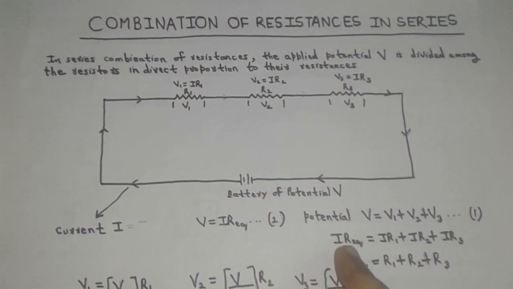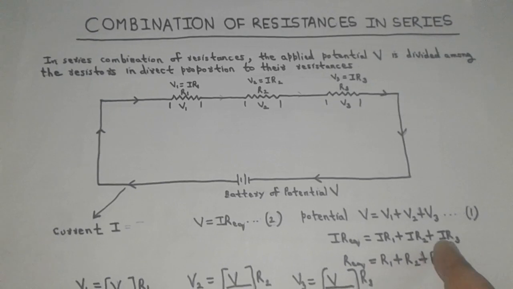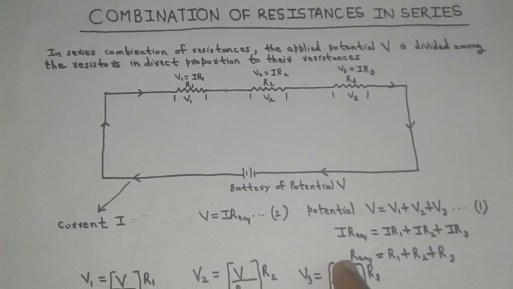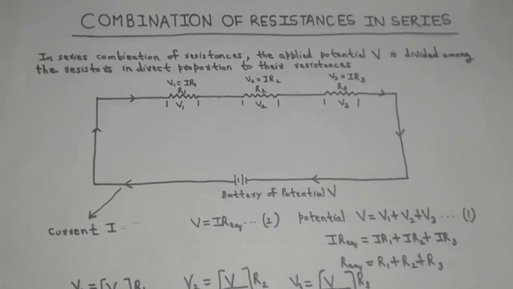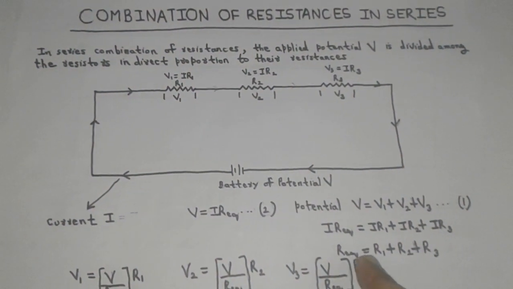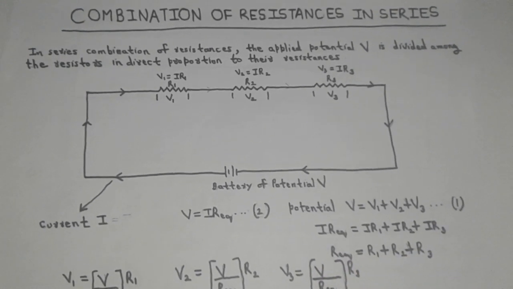So we get the equation I R equivalent is equal to I R1 plus I R2 plus I R3, which can be further written as R equivalent is equal to R1 plus R2 plus R3. Hence, in series combination of resistances, the equivalent resistance is equal to the sum of resistances.